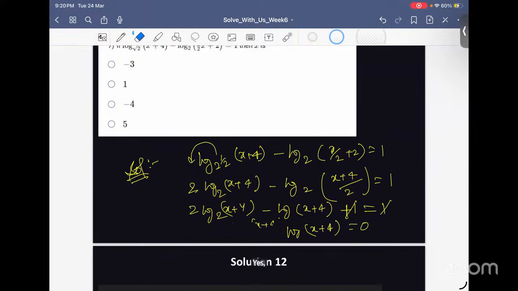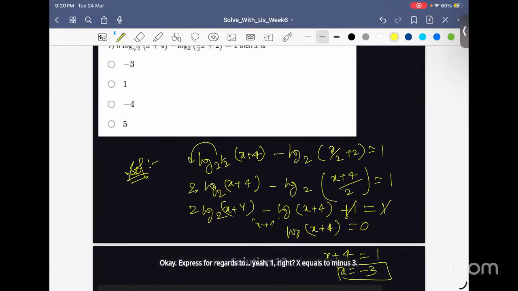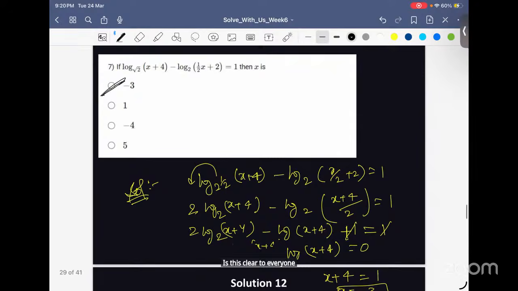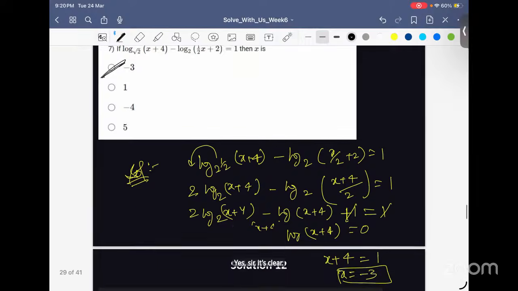So x plus 4 equals to 1. Right? x equals to minus 3. Is this clear to everyone? Have you understood? Yes, sir. It's clear. Okay.